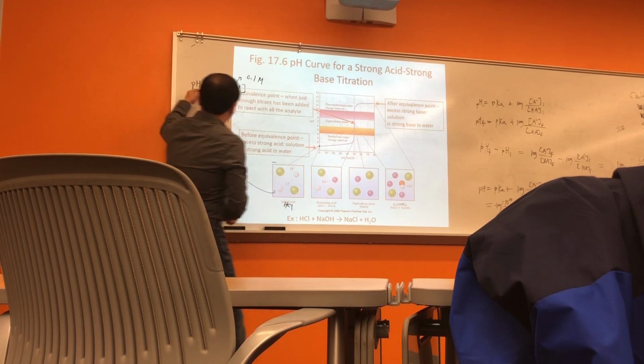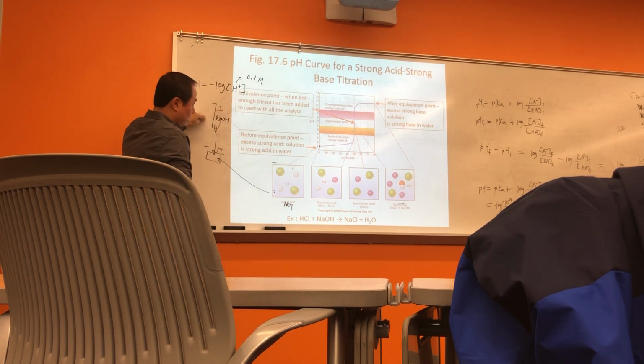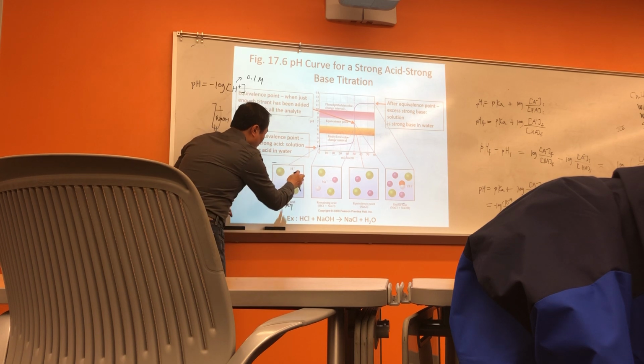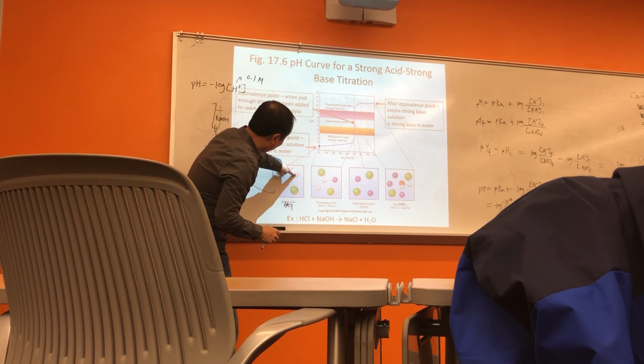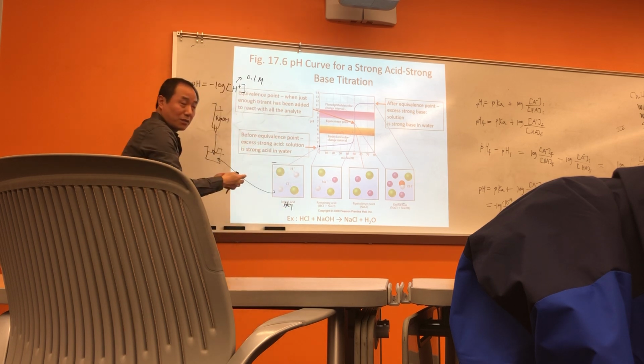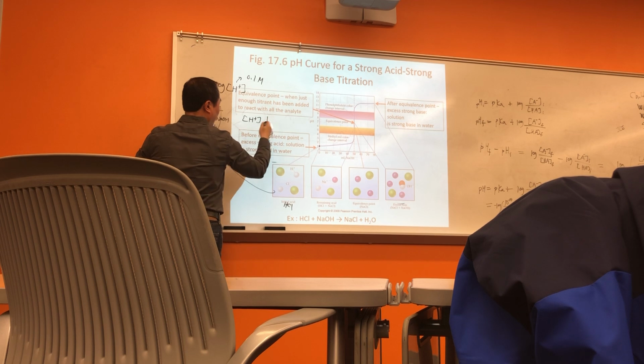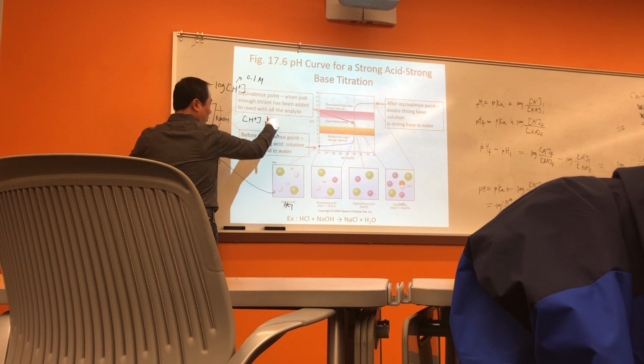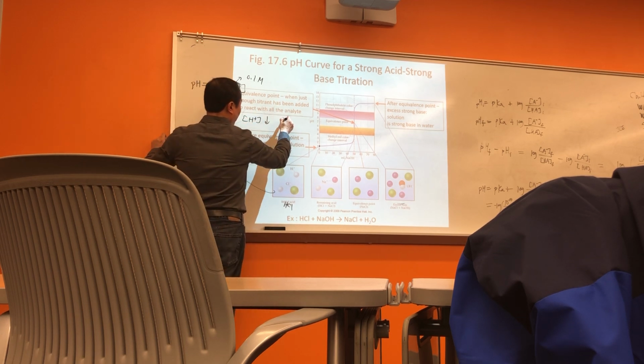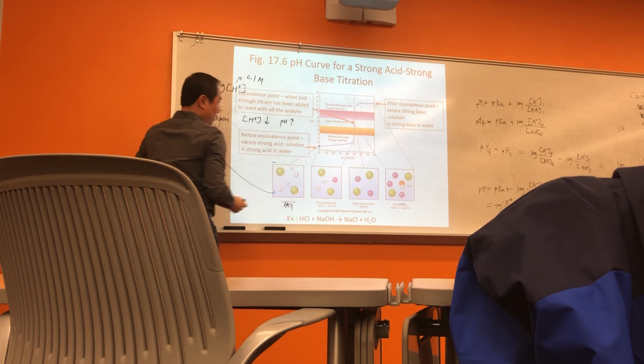Now when you add base, because you just use up acid, you have less hydrogen concentration, so this will drop because you titrate some of those. If it drops, pH should increase.